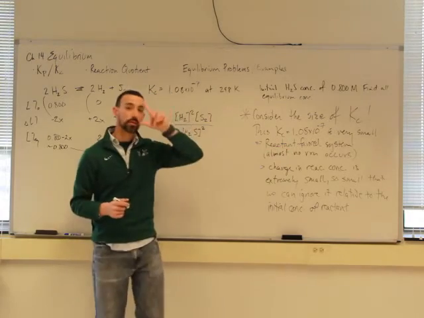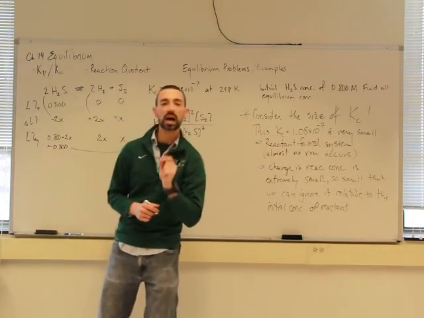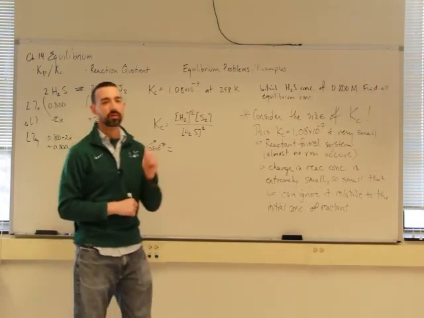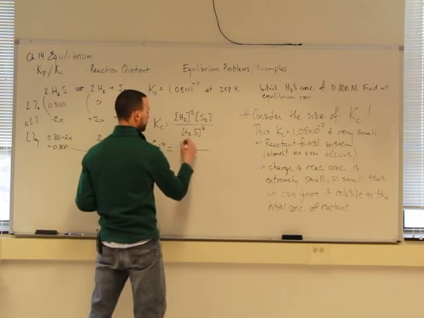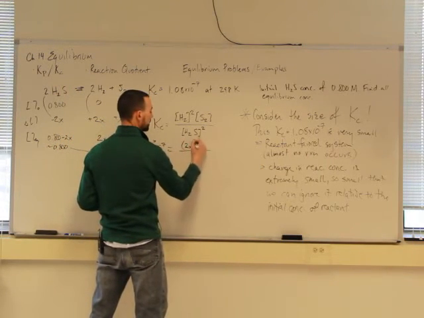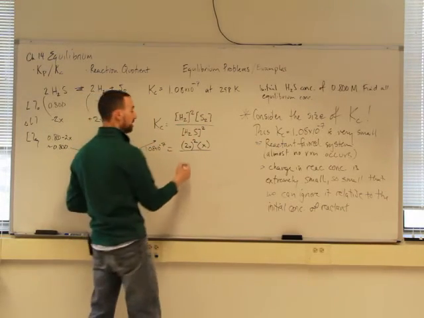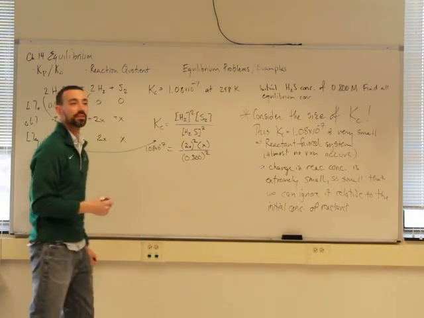If you're thinking right now, wait a minute, why didn't I do this last example? My equilibrium constant was not small. 6.35 is not a reactant favored equilibrium constant. So now the math becomes, well, I still got 2x, got to be squared, and x for hydrogen and sulfur respectively. But the denominator is just 0.8 squared.